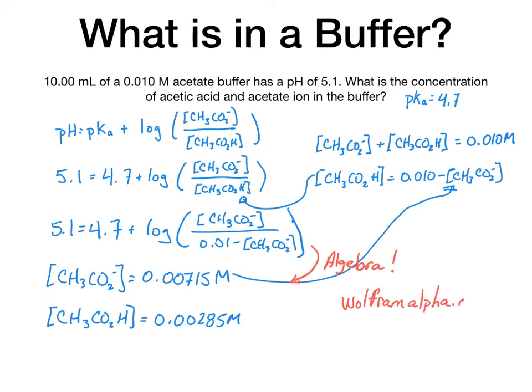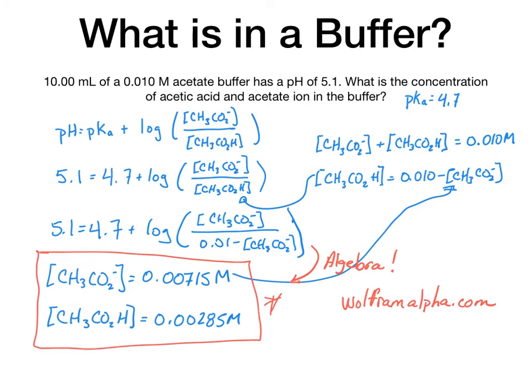Remember us using this in the equilibrium experiment? You can use wolframalpha.com to show you the steps for solving the algebra in this problem. I'm also willing to go over it more in office hours if you need. So this answers the question. It wants to know the concentration of the acetate and the acetic acid in this buffer, and that is what we found.